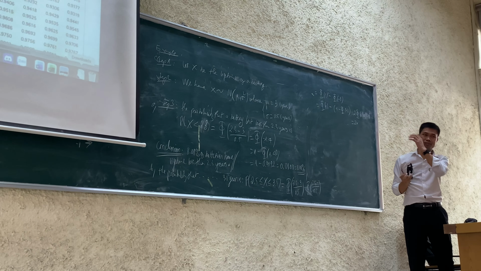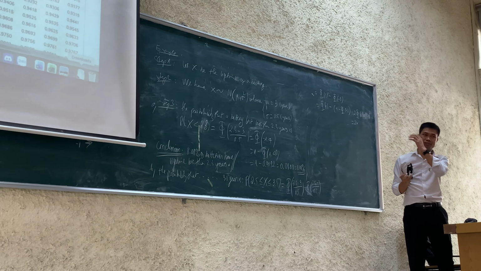We look at the row 1.0 and the column 0. The value is 0.8413, so the result is 0.6826, which is 68.26%. So 68.26% of batteries have a lifetime between 2.5 and 3.5 years.